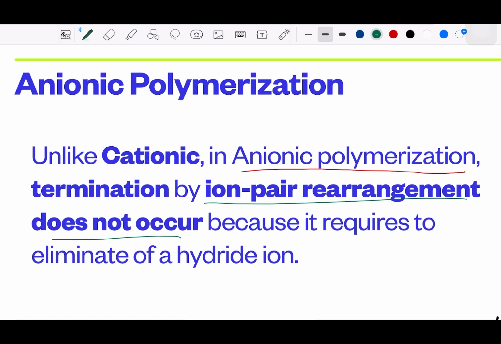So in the cationic, we can have the molecular rearrangement, but in anionic, we need to eliminate the hydride ion.